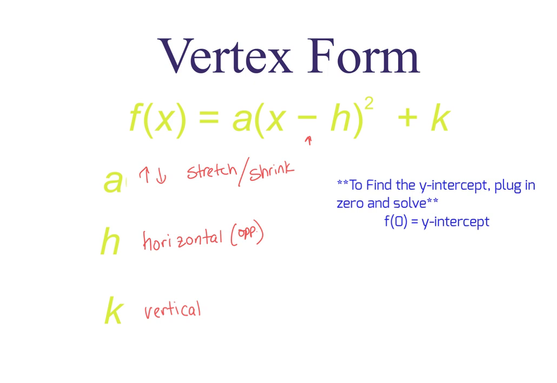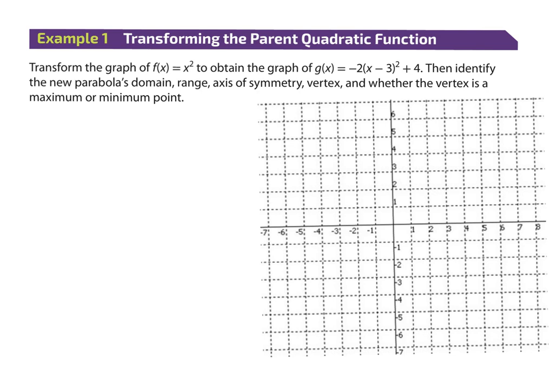I do want to point out that if you are looking to find the y-intercept on something like this, you have to plug in a zero for x to find the y-intercept when it is in vertex form.